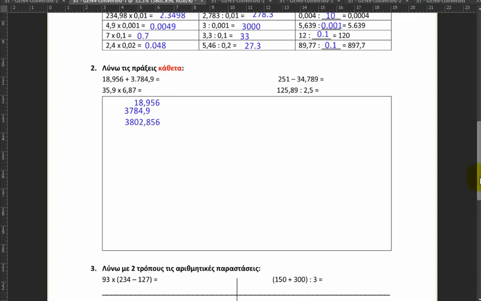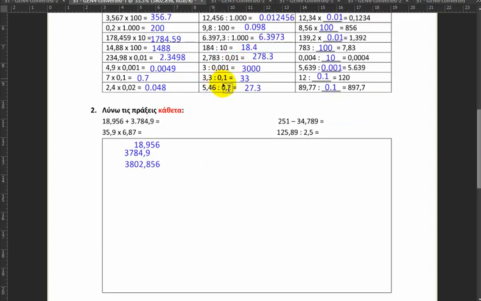And so should all these up here. So our result here is 3,802.856. All right, now the multiplication we're going to have to do vertically, definitely.